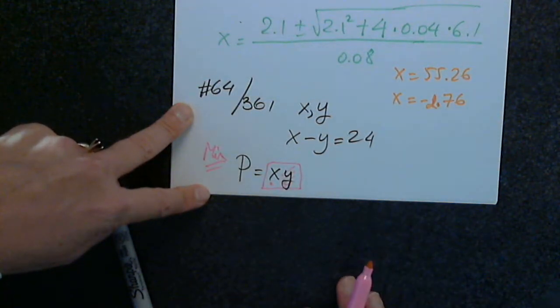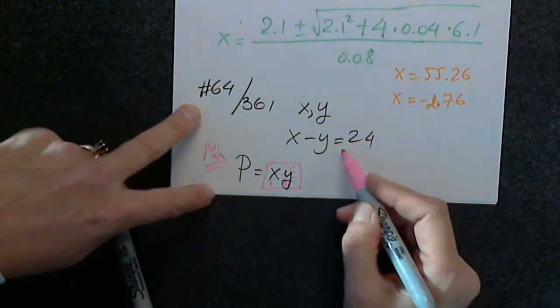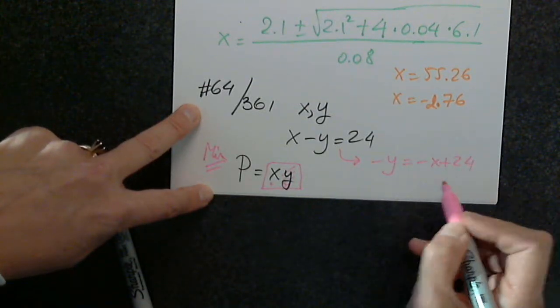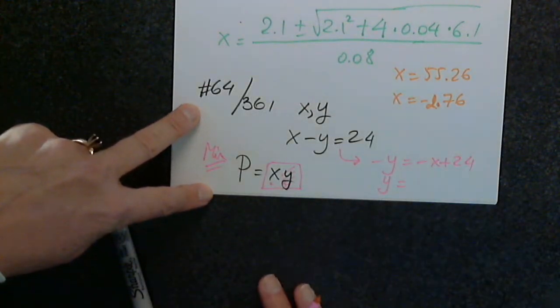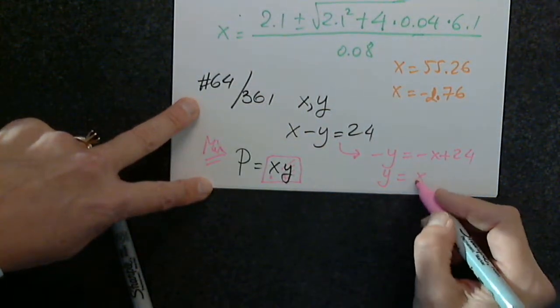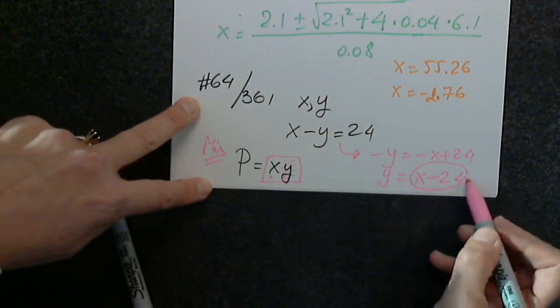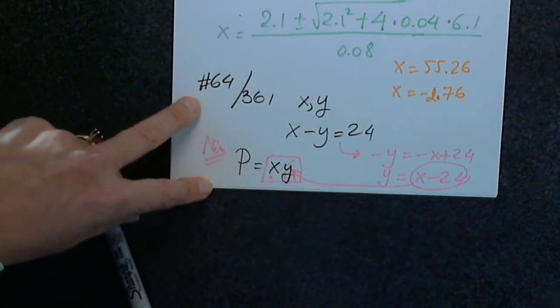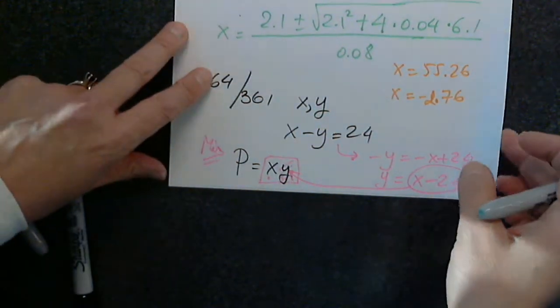It doesn't really matter. But how can I get rid of y? Solve this equation for y. Negative y equals negative x plus 24, and then y equals x minus 24. And therefore, I will replace y like we did 3 minutes ago by x minus 24.